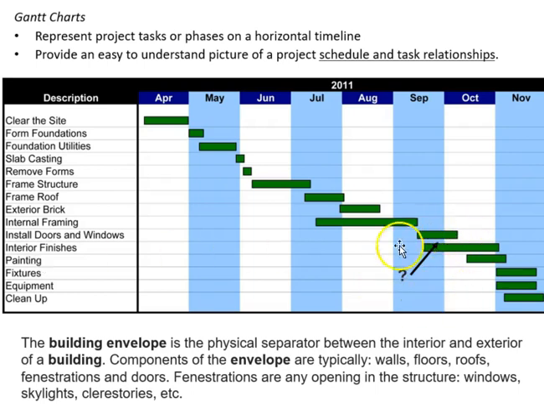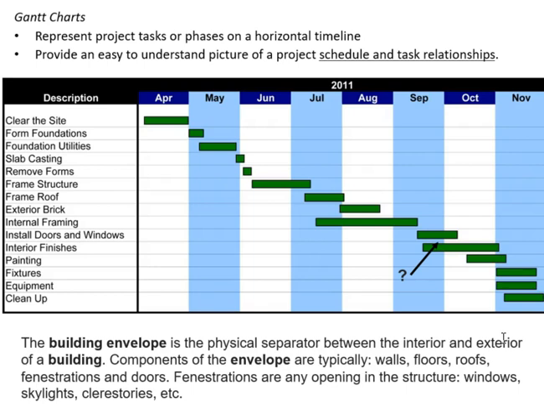The one thing I highlighted right over here, and a definition that I wanted to bring into the mix right away here, is the building envelope. Just to define it, it is the physical separator between the interior and exterior of a building. So the building envelope is essentially what keeps the heat in and the cold out.